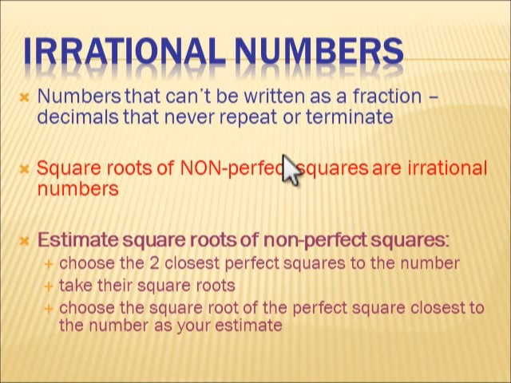Even if I have a repeating decimal, let's say a 3 that keeps repeating, that's rational because I can write that as a fraction. 1/3 is 3 repeating. So that's a rational number.